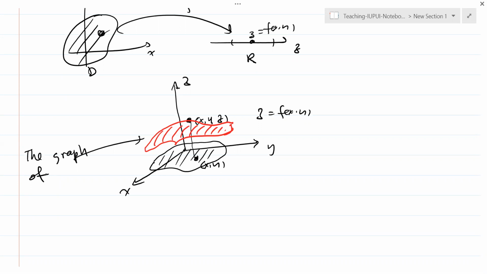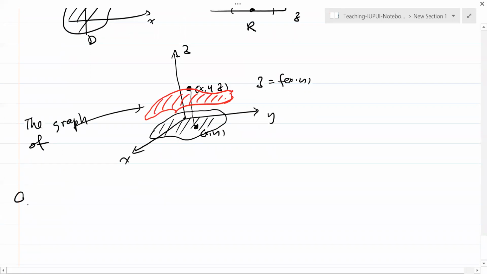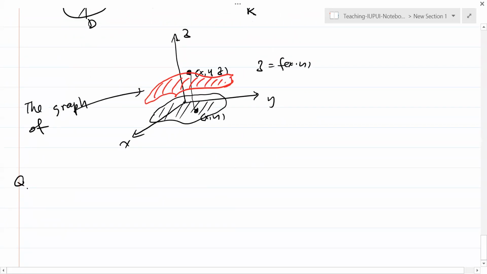Let's take a look at some examples. Given a linear function, f of x, y equals x plus 3.